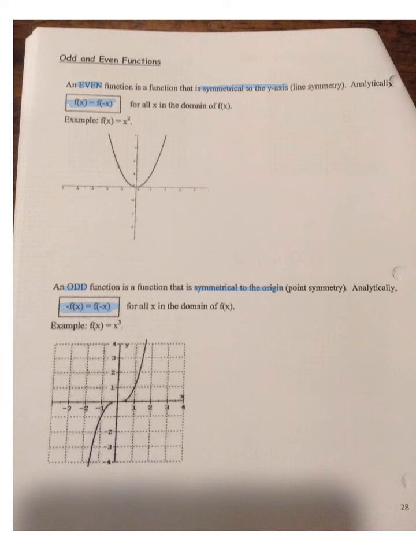All right, now let's go to the odd function. Symmetrical to the origin. I like to write it this way. Oops, maybe I should get my pen. Would you do me a favor and right above that, write upside down. So basically what I mean by that is if you take this picture, and you guys can do this, turn your packet upside down. Do it.